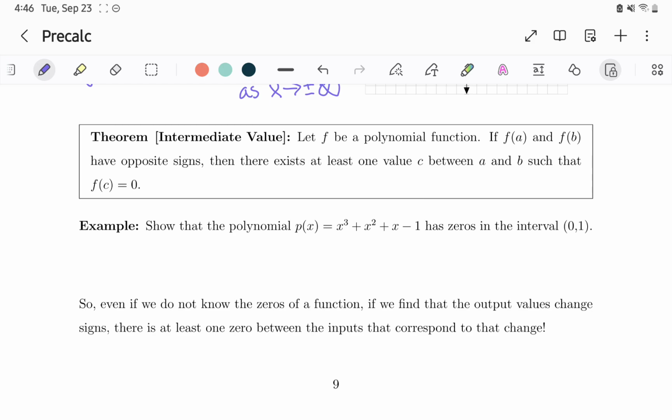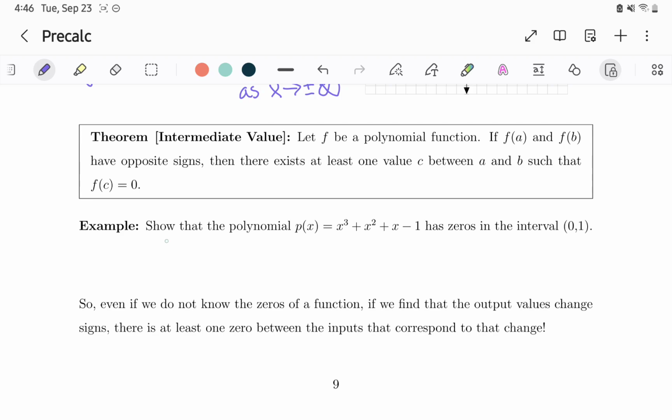So if we let f be a polynomial function, and if we have that f of a and f of b have opposite signs, so if f of a is positive and f of b is negative, or vice versa, then there exists at least one value c between a and b such that f of c is equal to 0.